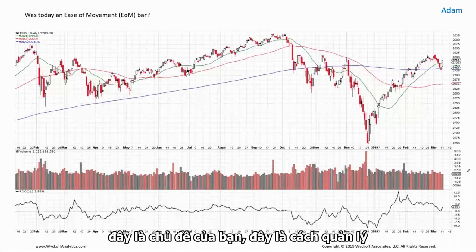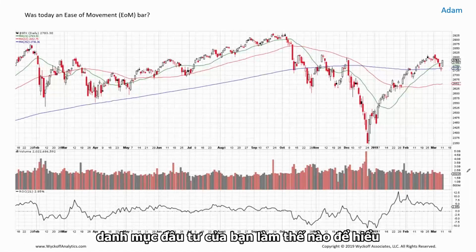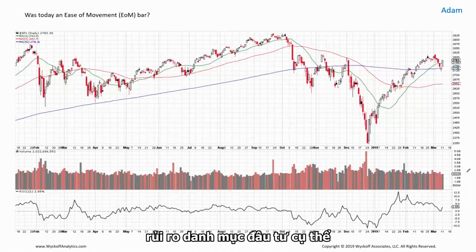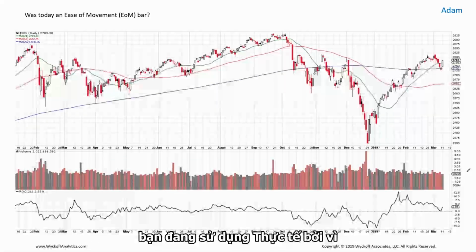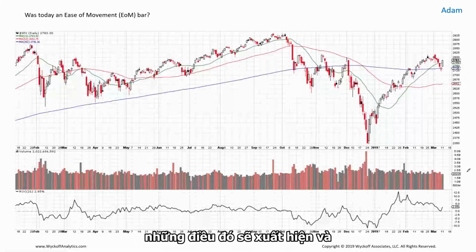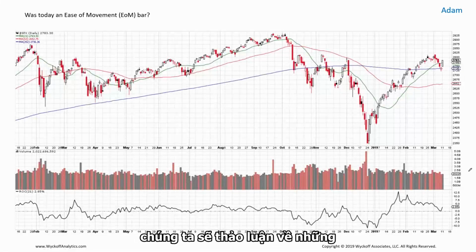This is how to manage your portfolio, how to understand the portfolio risks at the specific structural spots. Again, maybe something a little bit more advanced for this class, but something to think about why you're taking the practicum, because those things are going to come up and we'll discuss those.